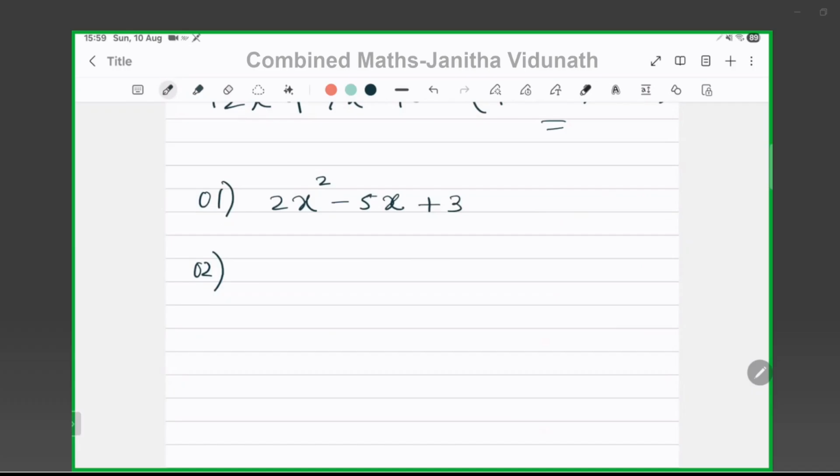And the second one is 2x square minus x minus 15. Try these and send me the answers.